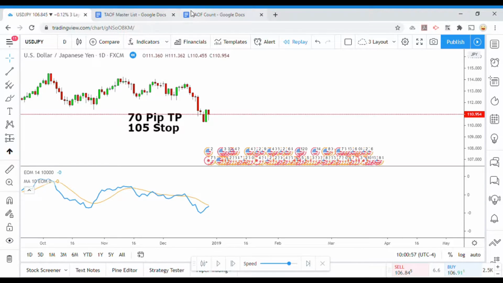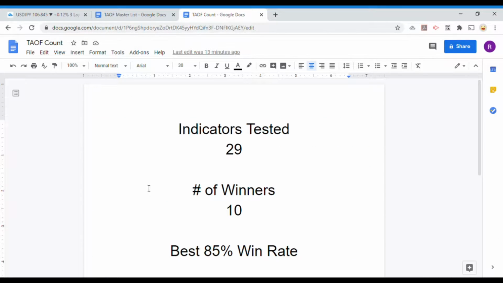Alright, before we get into testing today's indicator, I wanted to put up the indicator scoreboard here. To date, we have tested 29 indicators, and out of those 29, 10 of them have been winners, which means they have met or exceeded the 60% win rate threshold that we are looking for. The best winner so far has been an 85% win rate, which is very respectable for a single indicator.